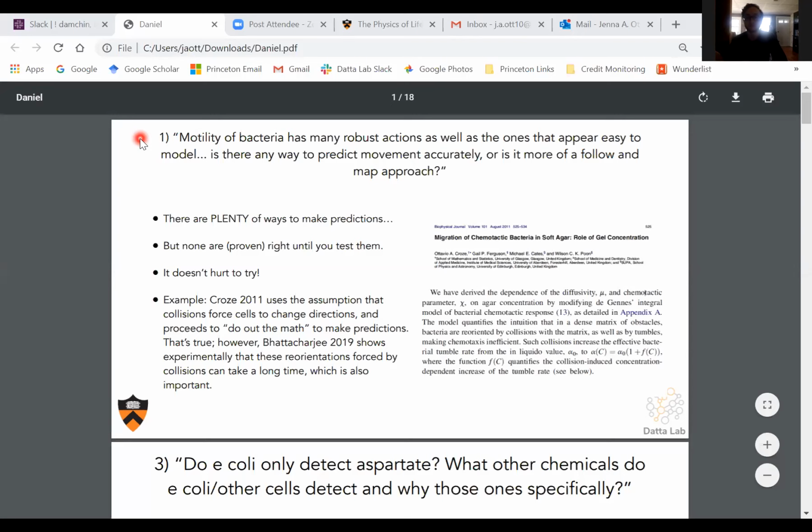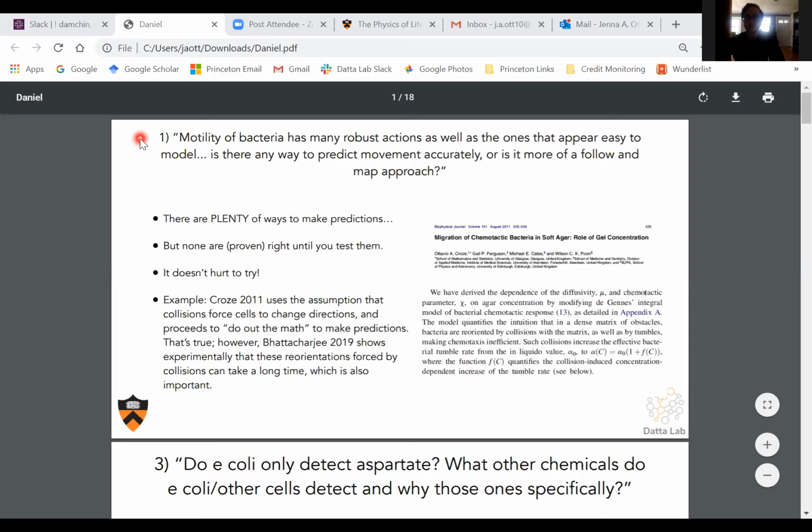And so the reorientation that tumbles describe could be mapped directly to the reorientation that collisions force the cells to undergo. And so they did out the math, assuming that every collision was kind of like a tumble, and they made predictions, but they didn't have the ability to see individual cells in the porous material.